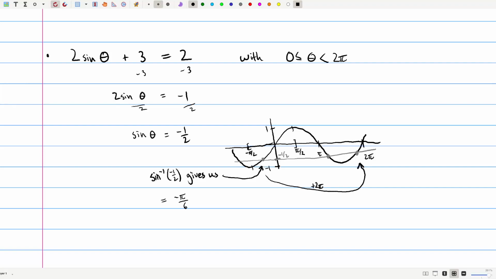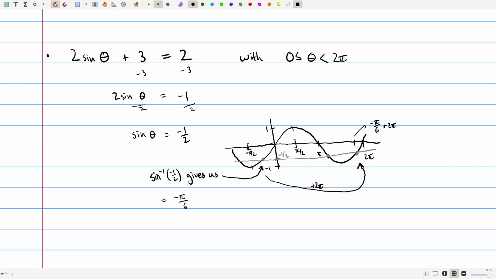Well, first of all, this point is minus pi over 6 plus 2 pi.